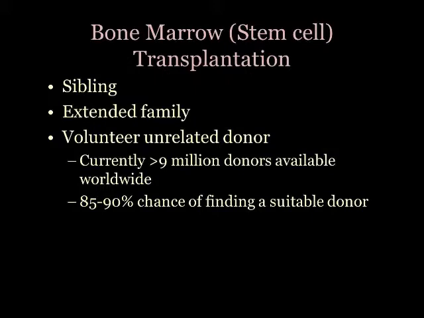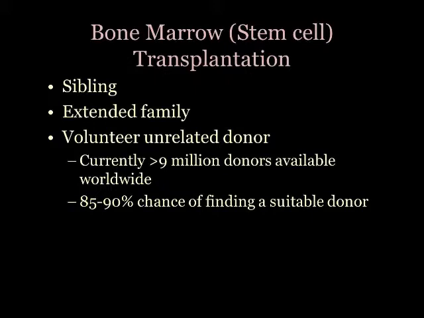And so there is a good chance of finding an unrelated donor. So most people we're actually able to find a donor for, if we want to. The problem is that it's a very toxic procedure and isn't usually considered in most patients who have myelodysplasia.